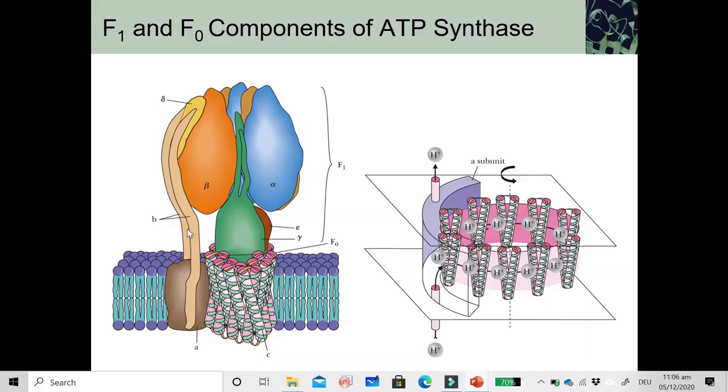Beta and alpha and delta are the ones that support the alpha beta subunits. So when epsilon and gamma change in conformation, or quote unquote rotate, this will cause a change in conformation of the alpha beta subunits, which will transform L to T and T to O, right?